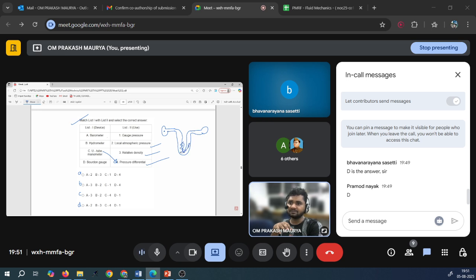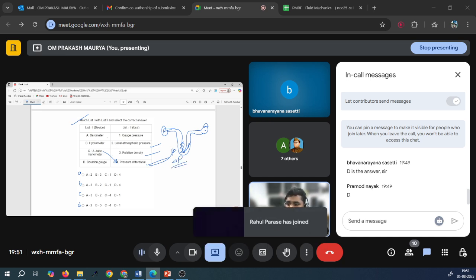This is A and this is B. From here we find out the pressure difference. So option C goes with 4. So only one of C and D may be correct. Now for D, option 1 will be correct.